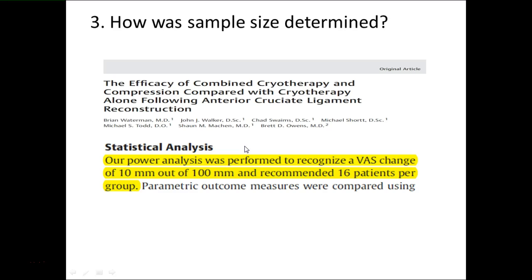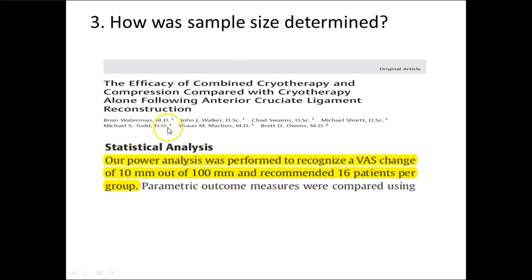The next question, as you're critically appraising or reading this article, is, do they report how the sample size was determined? You'll remember from research methods that sample size is an important indicator of power of the study. And so a lot of research journals are now requiring most research articles to report how they calculated the sample size.